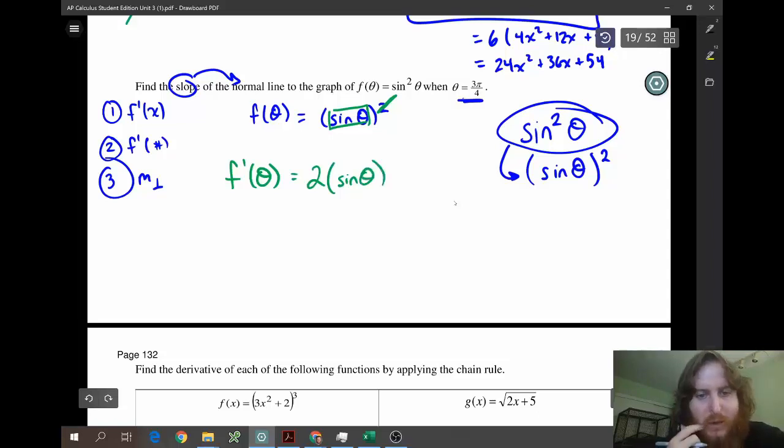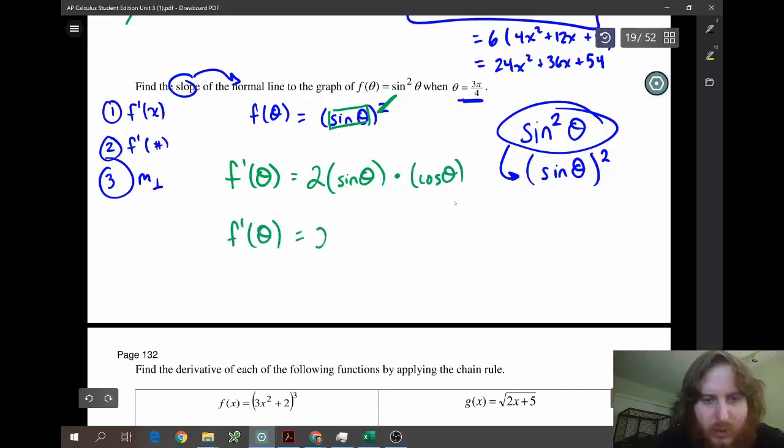If you ever are confused about what it might be, always just think back to that. So 2 times the box, but then now times, I cross that out, times the derivative of the box. So times the derivative of sine theta, which would be cosine theta. So you get f prime of theta equals 2 sine theta cosine theta.